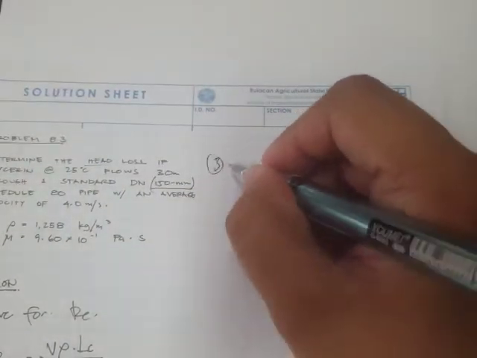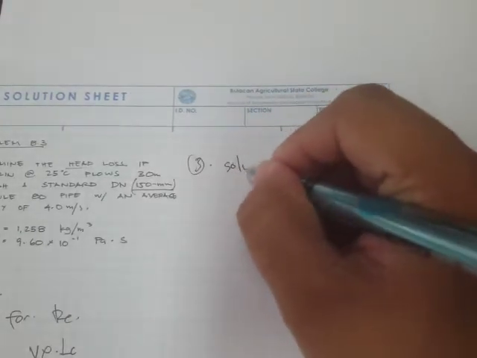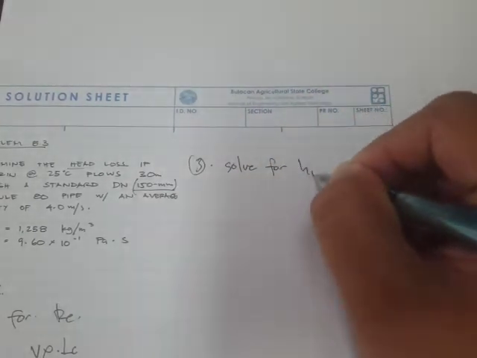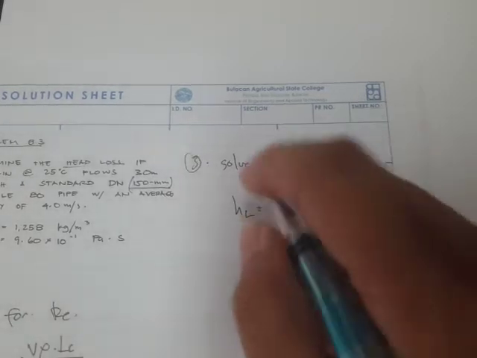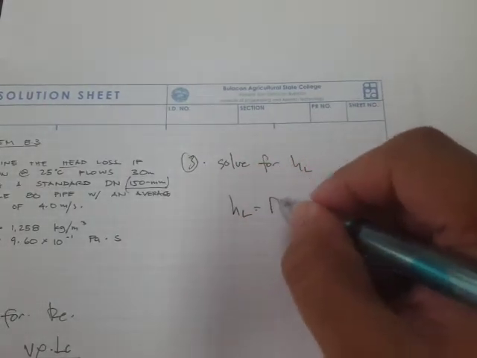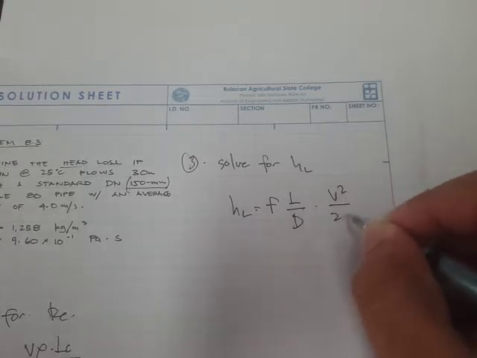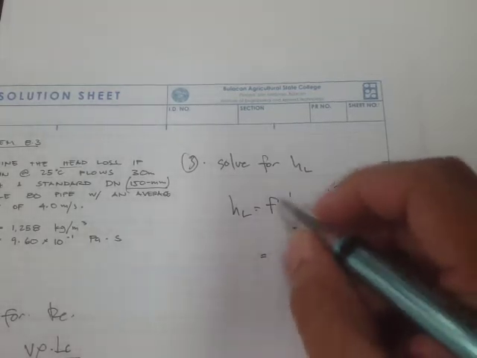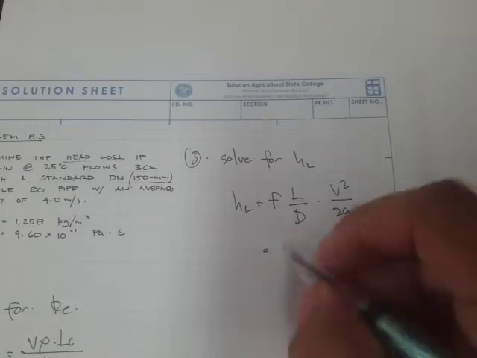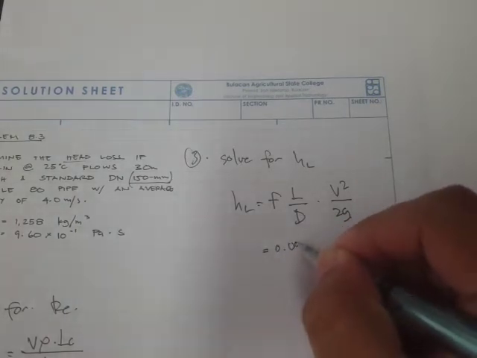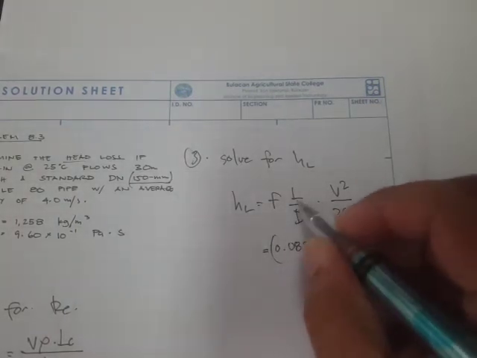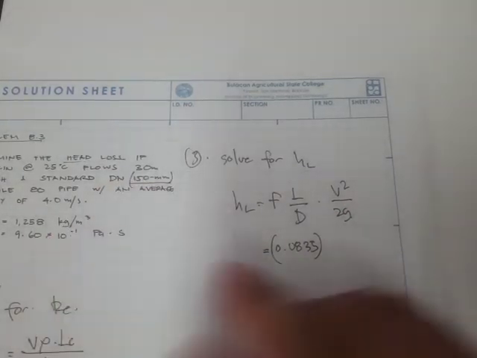The third step is, okay, so solve for the head loss. So head loss in this Darcy-Weisbach equation is f L over D times the velocity head. So what is our f? That's 0.0835 times our length of 30 meters.